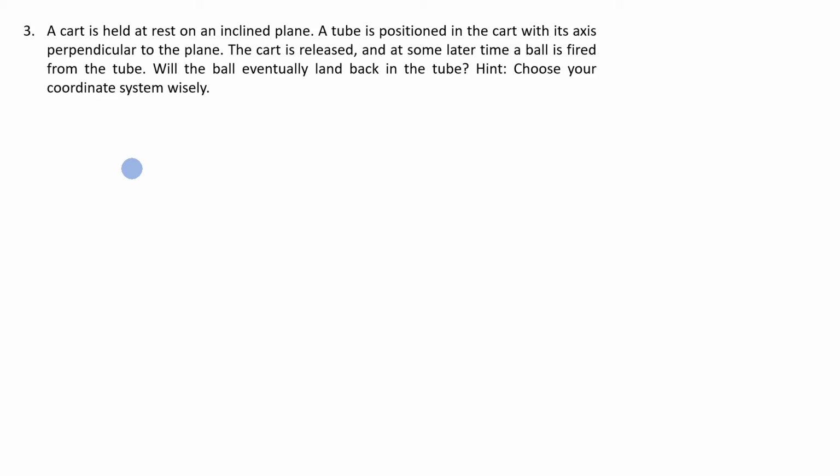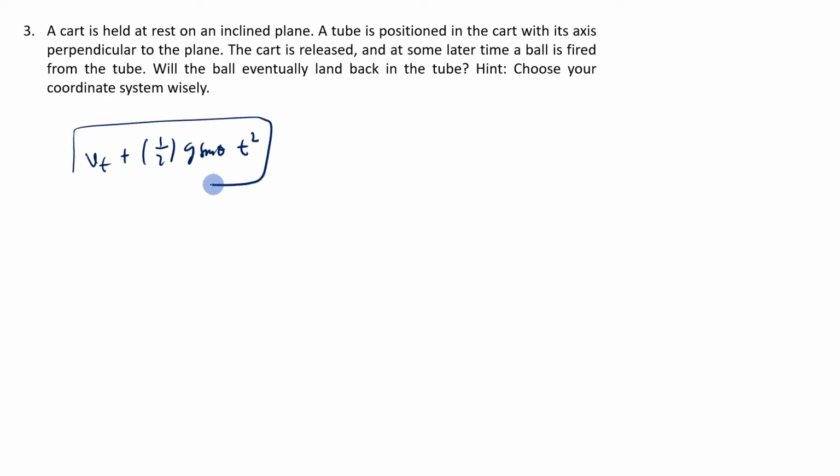If v is the component of the cart's velocity along the plane when the ball is fired, then the position of the cart along the plane relative to where the ball is fired is Vt plus 1/2 g sine theta times t squared.